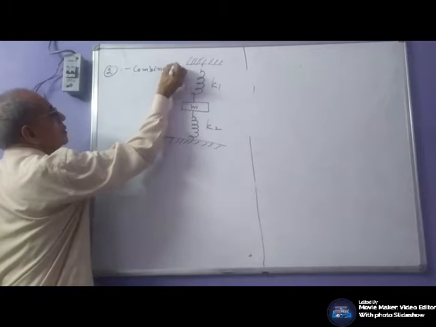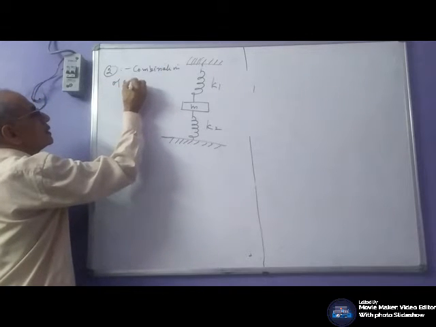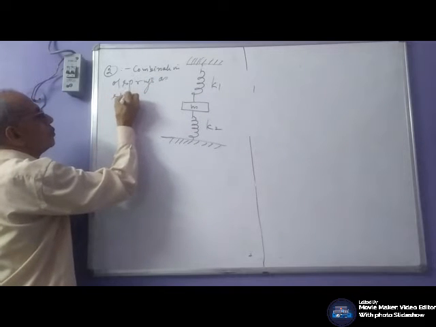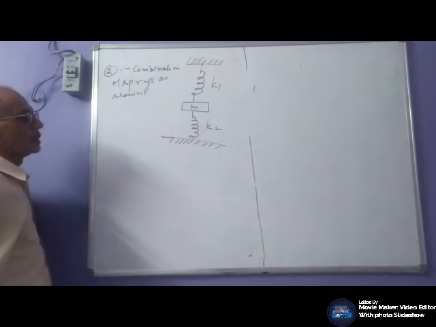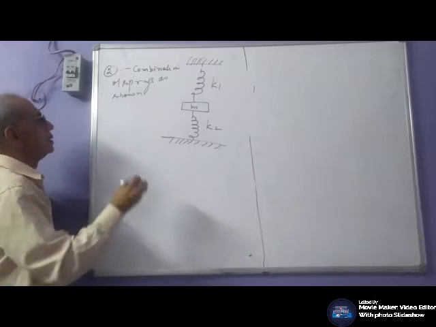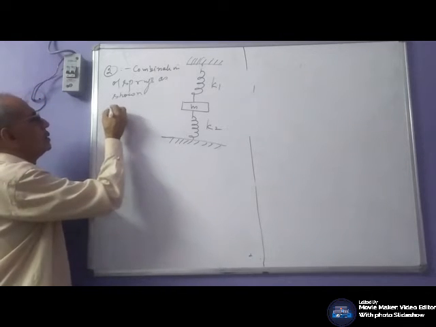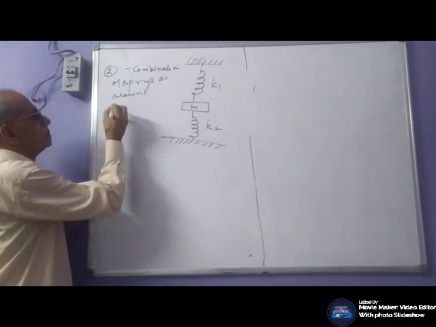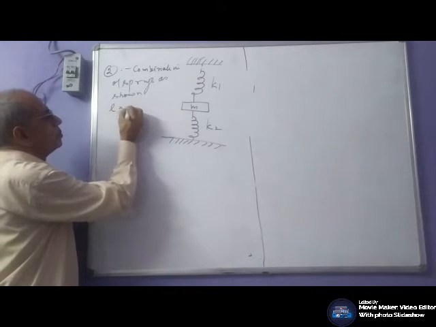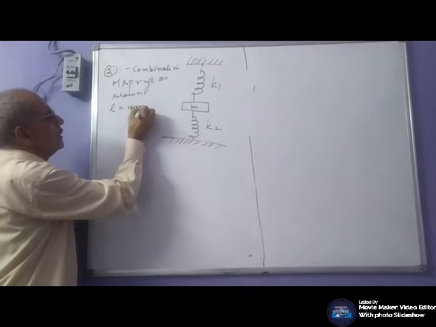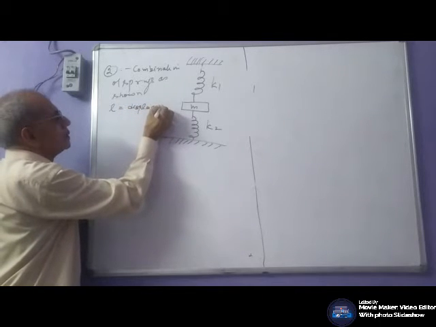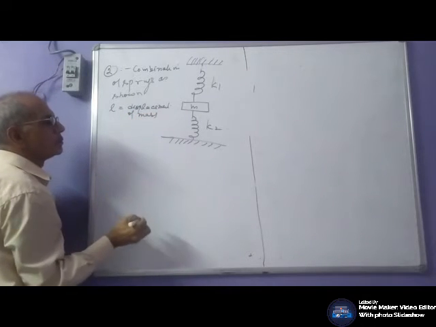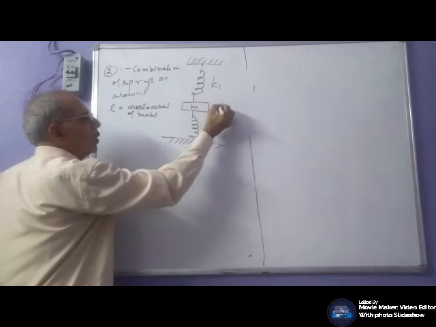Combination of springs as shown. L is displacement of mass either upward or downward.